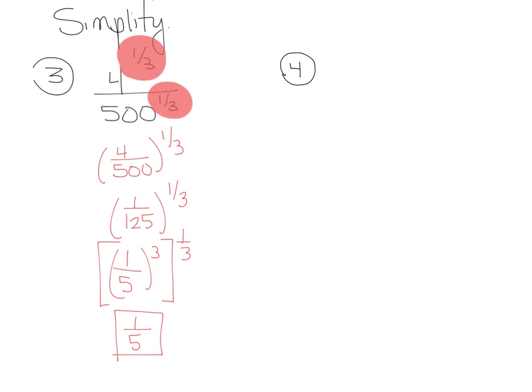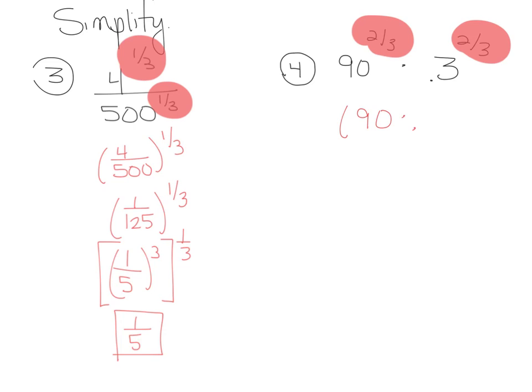Same idea for this one, 90 to the 2/3 times 0.3 to the 2/3. And once again, notice that 2/3 and 2/3, because 90 and 0.3 don't break down in the way that I would like them to. Therefore, I can rewrite it as 90 times 0.3 all to the 2/3. 90 times 0.3 is not 90 times a third.